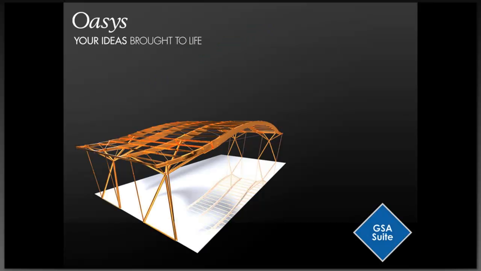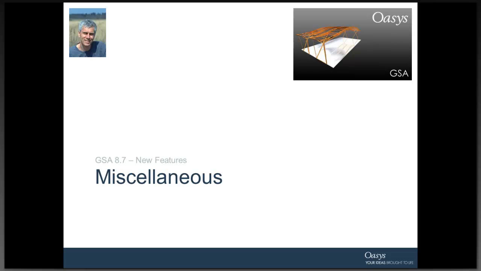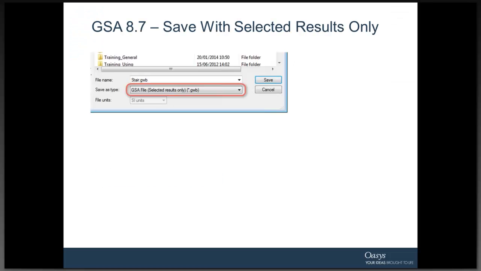There we go. Okay, so I'm going to whiz through a few miscellaneous items that have been introduced into GSA. You can save with selected results only. Sometimes, if you've got a huge model, it's convenient to save models with just subsets of the results, so that it's easier to post-process.